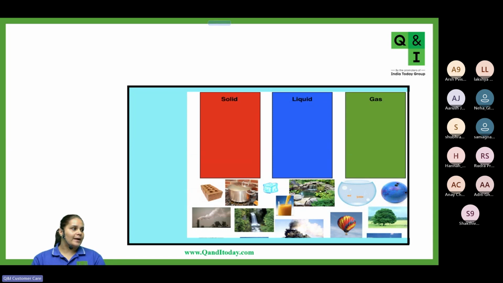Okay, so let's compare now solid, liquid, and gases. First, we will compare their shape. So what shall I write for solid? Is it fixed or not? Fixed.